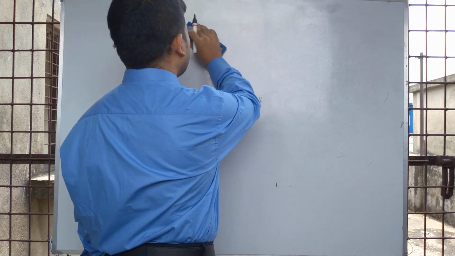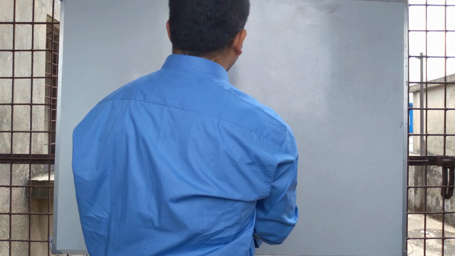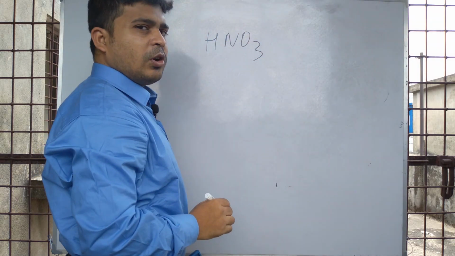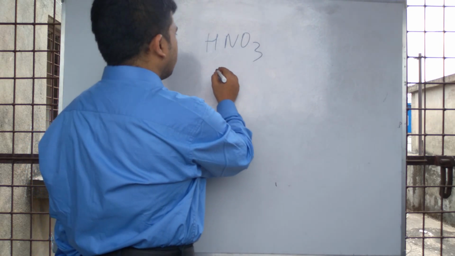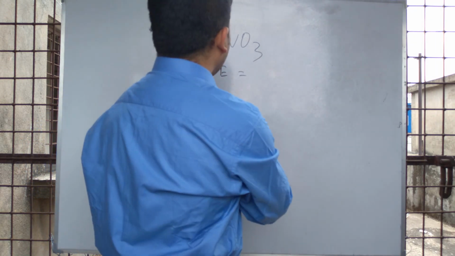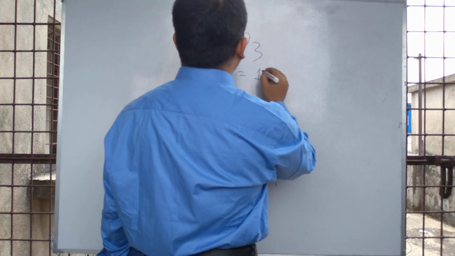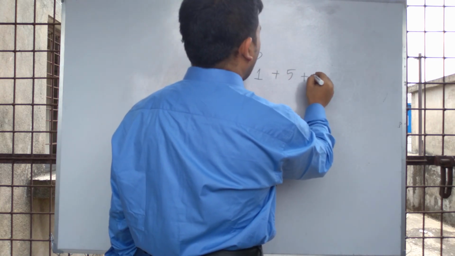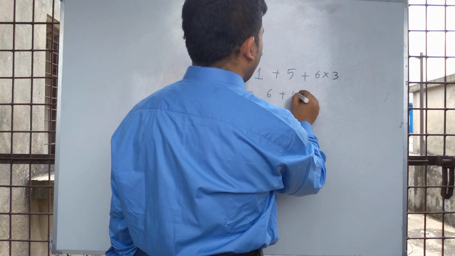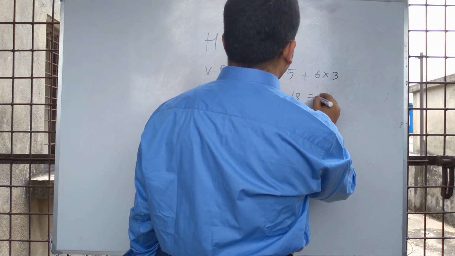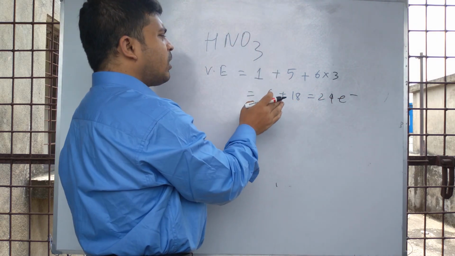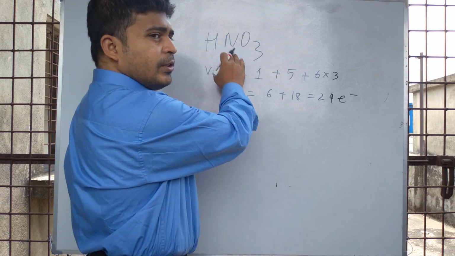Now we show the bonding for the HNO3 molecule. For the HNO3 molecule, the number of valence electrons participating in bonding is: hydrogen 1, nitrogen 5, oxygen 6 into 3, that means 6 plus 18, which means 24 electrons. 24 valence electrons are present in HNO3.